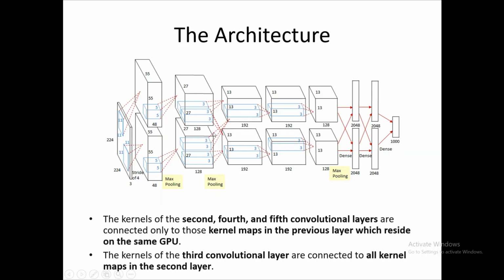These convolution layers are connected to kernel maps in the same pipeline, and the kernels of the third convolution layer are connected to all kernel maps in the second layer. That can also be seen in this figure.